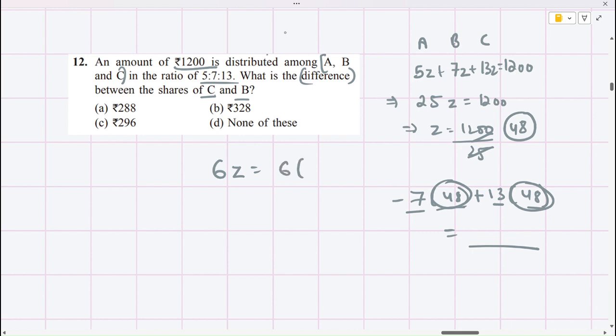So we'll directly multiply 6 and 48, which will give us, so it will be 240 plus 48, so it will be 288. So this will be the answer. So that means we can directly multiply the ratios because in the end what is happening is that the ratios are being multiplied by a common thing, right, the highest common factor. So this is the case here and the answer for this particular question will be equal to rupees 288. That is the difference between B and C.